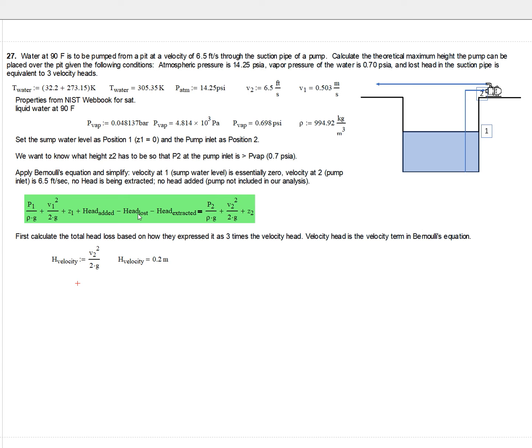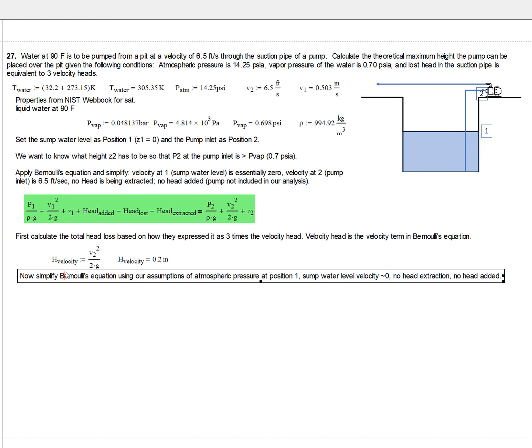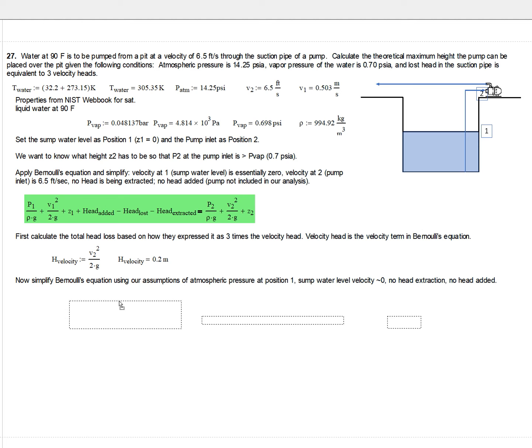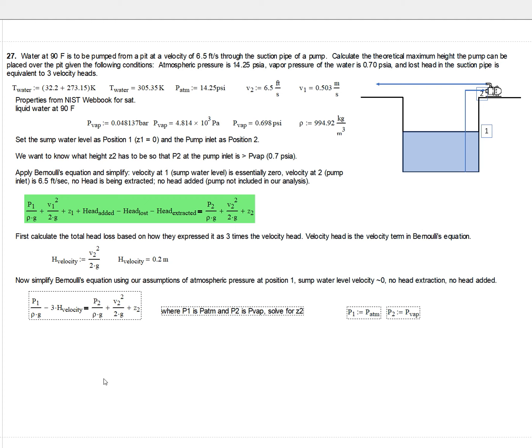Now the total head loss is going to be 3 velocity heads, so that's going to be 3 times 0.2, which will be 0.6 meters. Now we can take this information, substitute, simplify our Bernoulli equation, and solve for Z2. I'm doing things step by step here, not skipping too many steps.